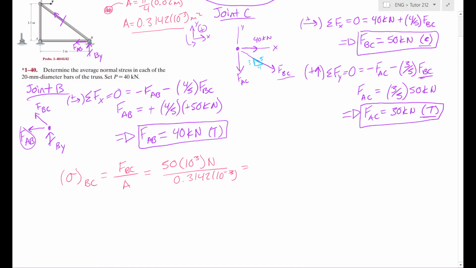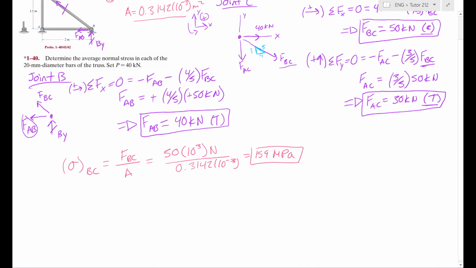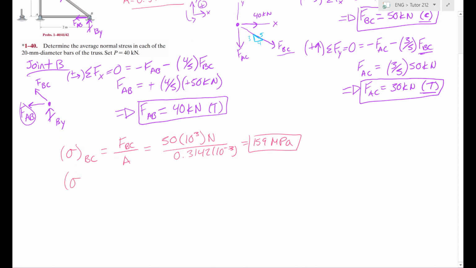Then we'll get a pretty big number for pascals, and we'll just then from there switch it to megapascals. All right, and we'll do that for all of the other members.